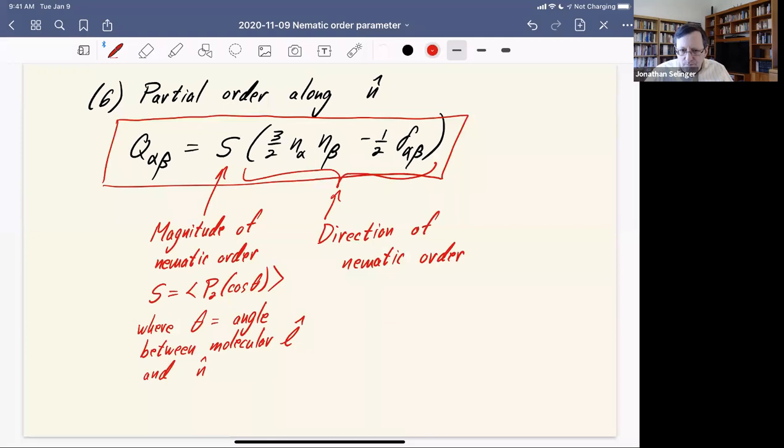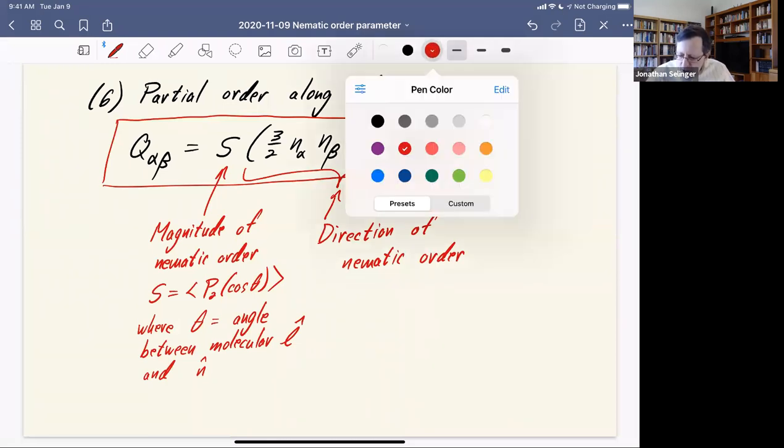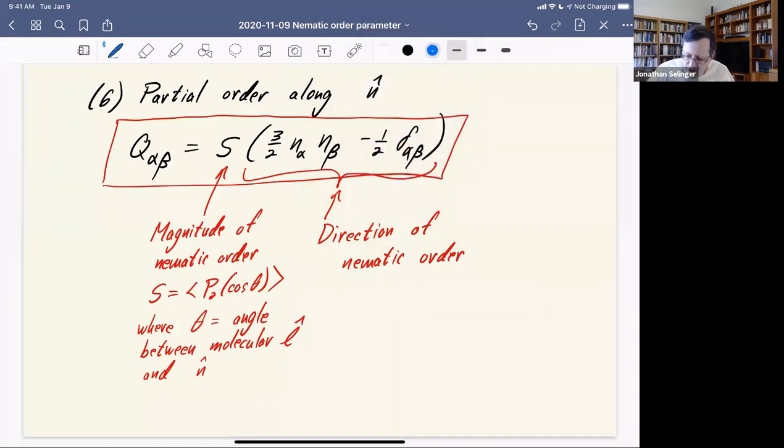Now let me compare that with something that we had way back at the beginning of the semester with the Ising model. When we were dealing with the Ising model, we had an order parameter m, and this was just a number on a scale from -1 to 1.